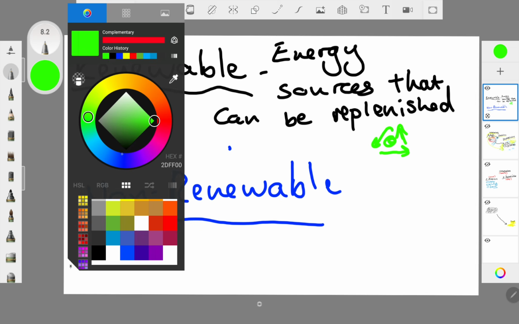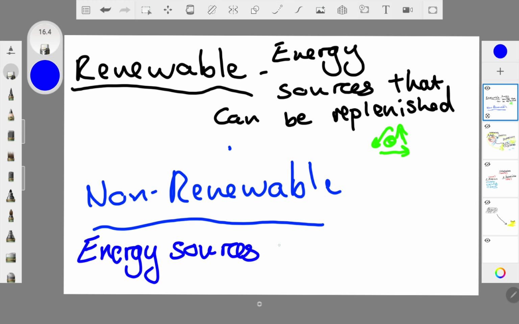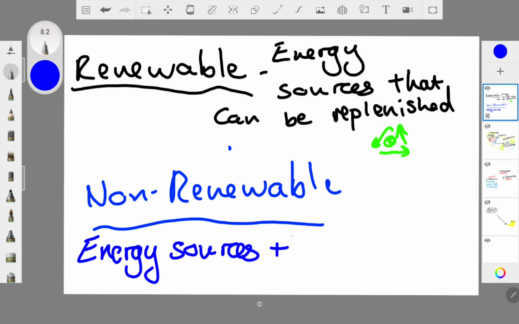So, I'm sure you can figure out from that what a non-renewable energy source is. It is, of course, energy sources that can run out.